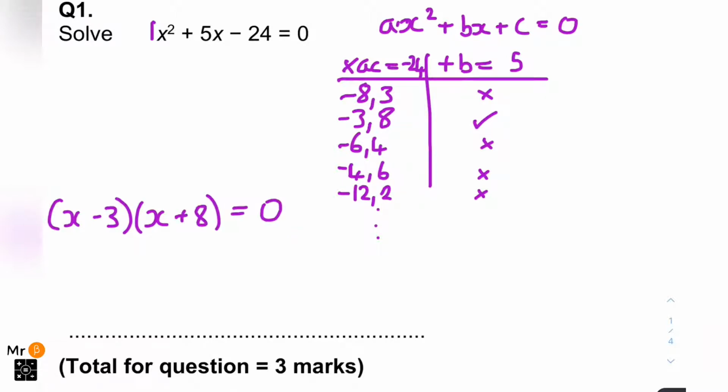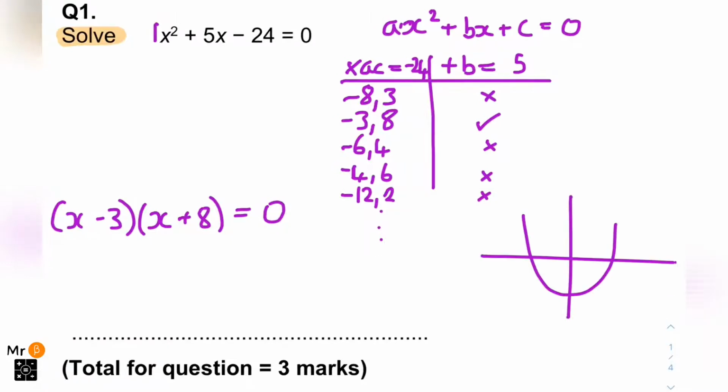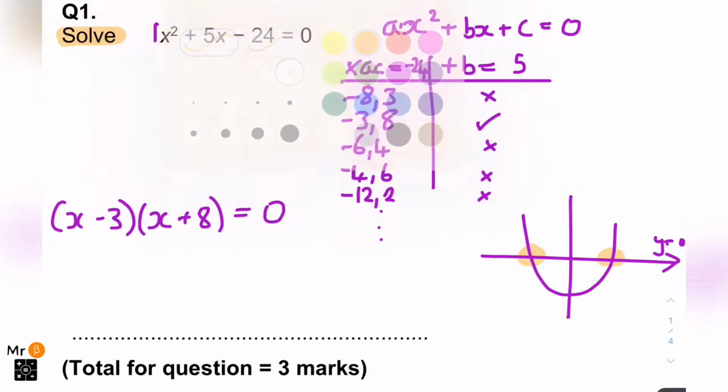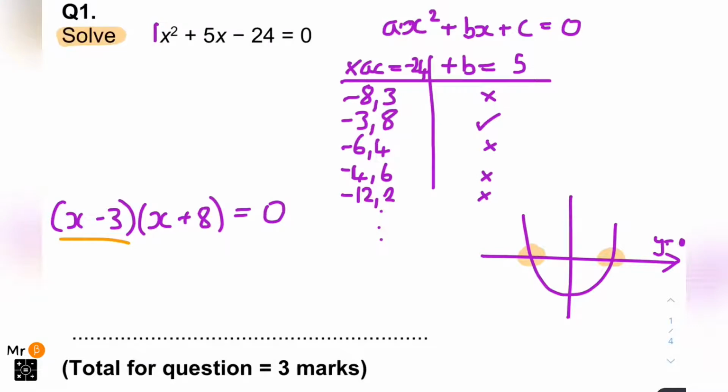Now we need to work out, as it's asked us to solve, our two values of x. The reason we have two solutions is because our quadratic would pass through our x-axis, where y is equal to 0, at 2 places. So this is why we're getting two solutions here. So we need to, first of all, make this bracket equal to 0.